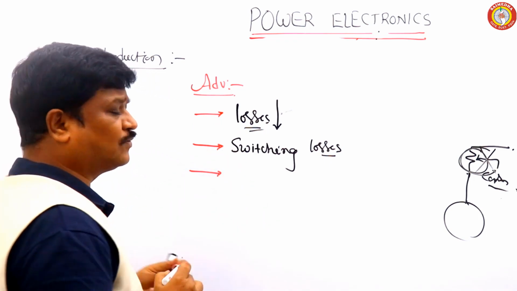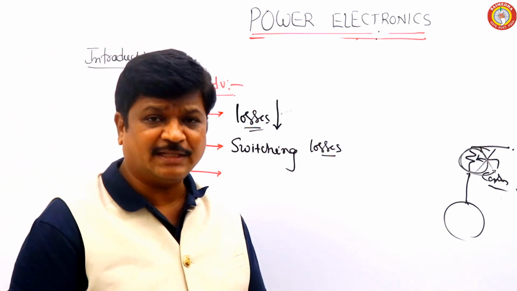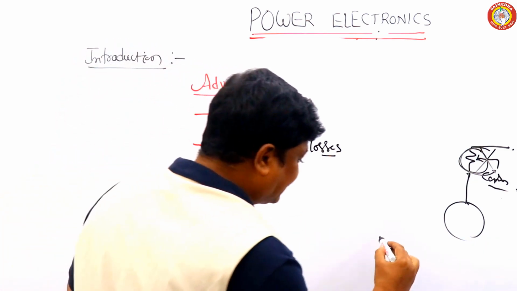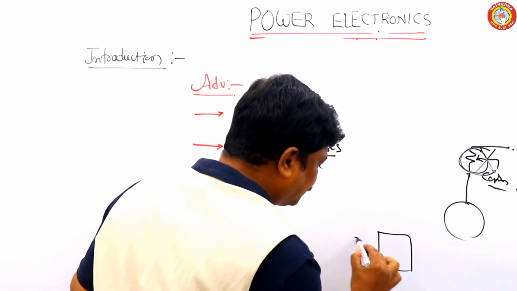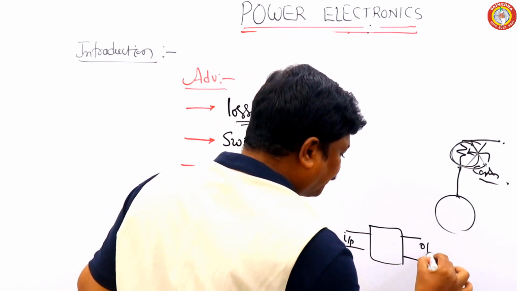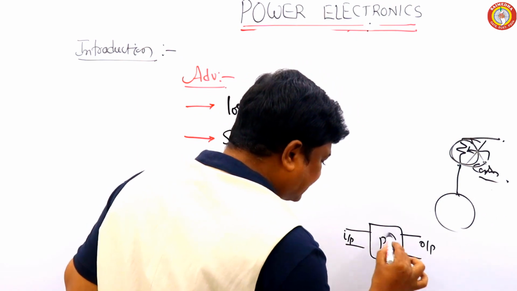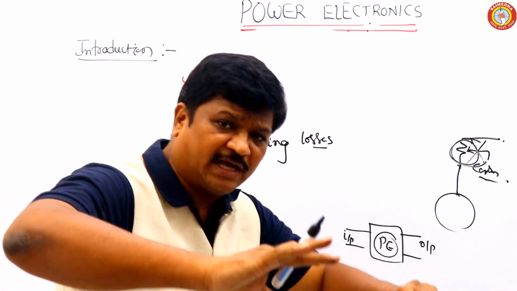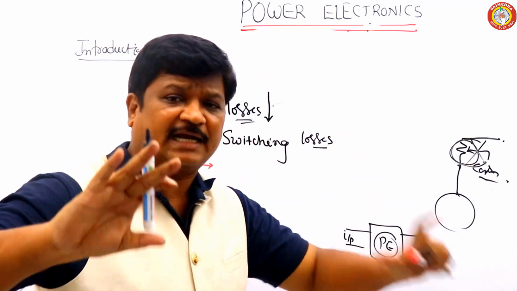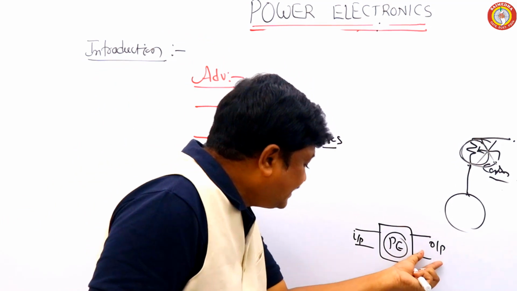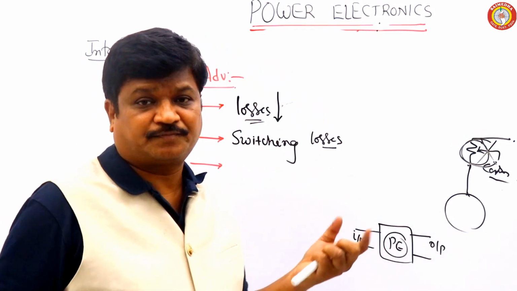Once losses are less, what happened? Not only that, in most power electronic devices, suppose this is your input, this is your output, and this is our power electronic circuit. In most cases, while solving our problems or theoretical concepts, what we take is that the output power is equal to the input power.